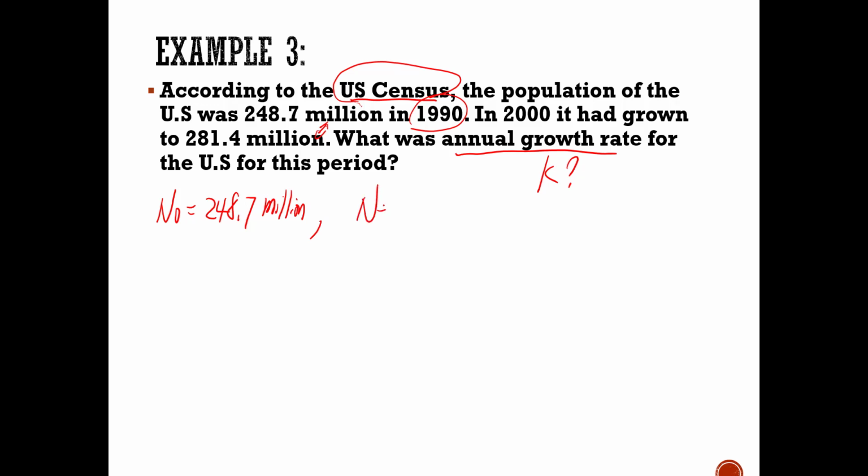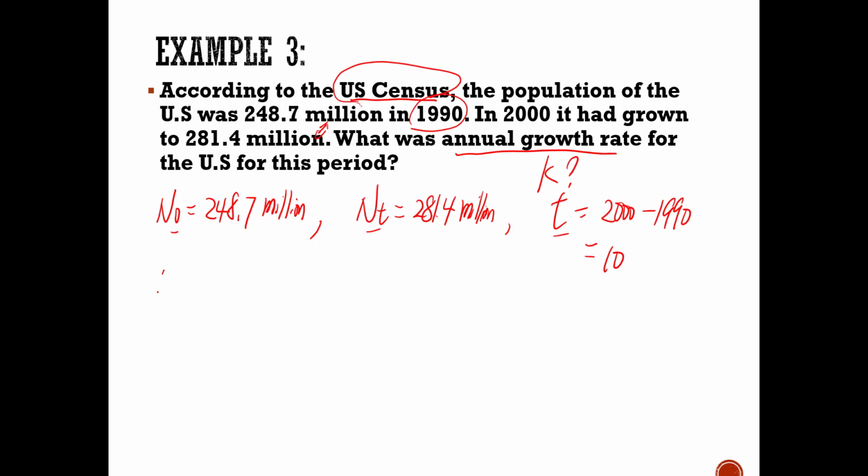So NT here equals 281.4. And then we also know the time T, because between 2000 and 1990, that's 10 years. So T equals 10 years. So one more time, we know three numbers in the formula, we can solve for K.